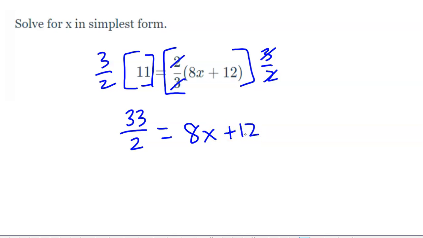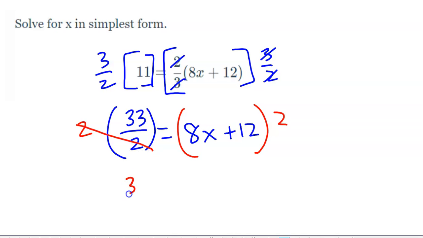Now I can do this again if I want. So I don't mind having a fraction over here on the left, but if I don't want a fraction on the left, I can multiply everybody on the left and everybody on the right by 2, and that will give me 33 equals 16x plus 24.